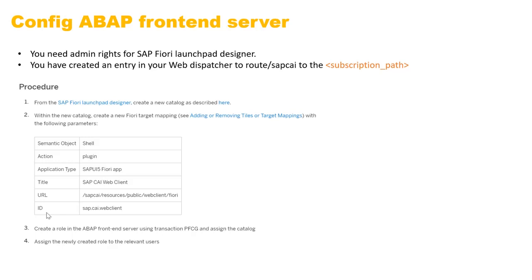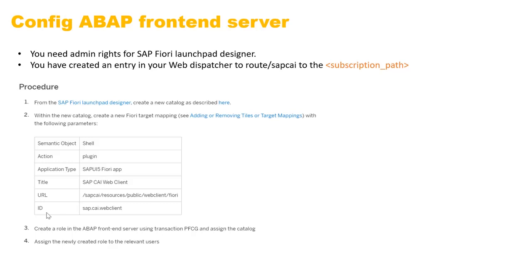And to do the target mapping, we have to use the exact values of the parameters mentioned here. So the semantic object should be Shell, the action should be plugin, the application type should be SAP UI5 FIORI app, and the URL and ID should be exactly the same as mentioned here.